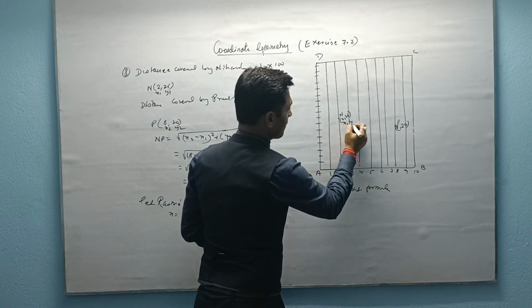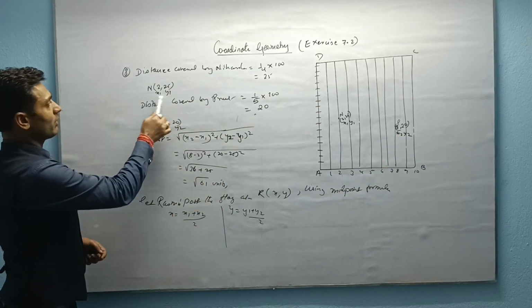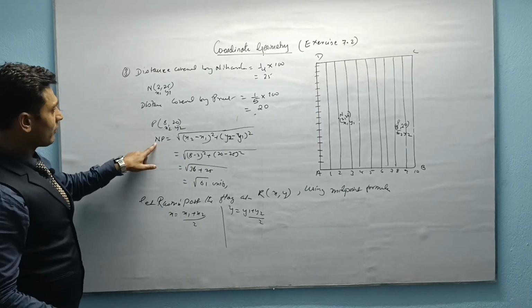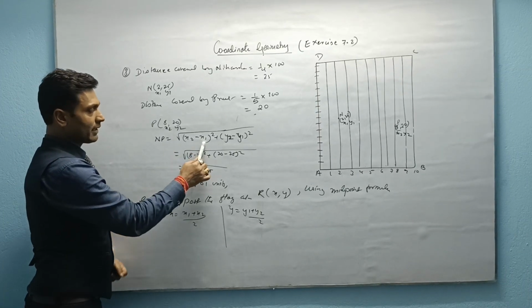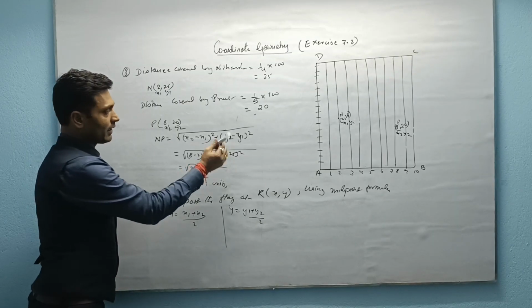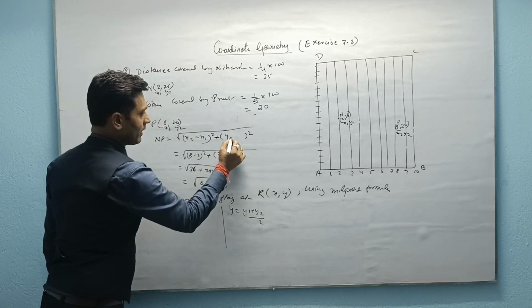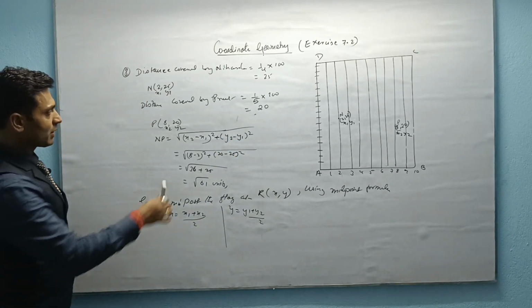So we'll mark it as x1, y1. This is x2, y2. Here, x1, y1 and x2, y2. So using the distance formula, NP is equal to what? Root over (x2 minus x1) whole square plus (y2 minus y1) whole square. Now we'll substitute the values.